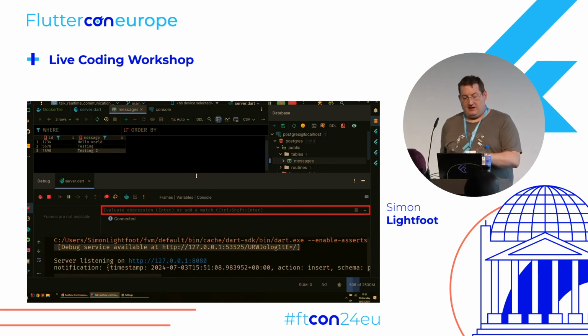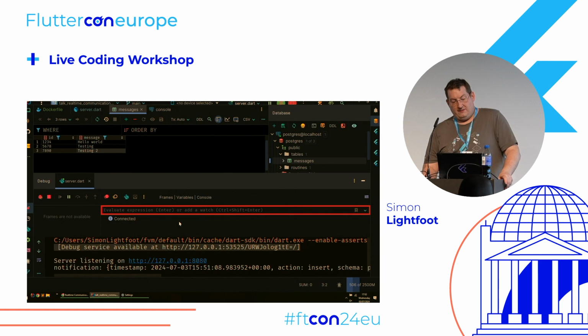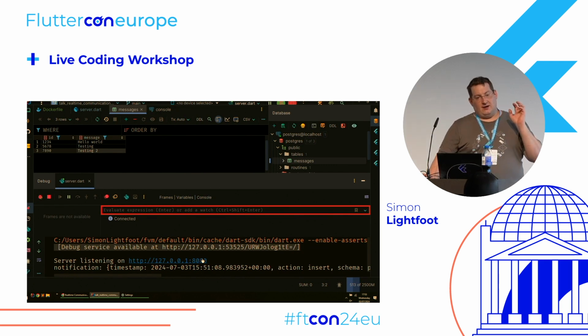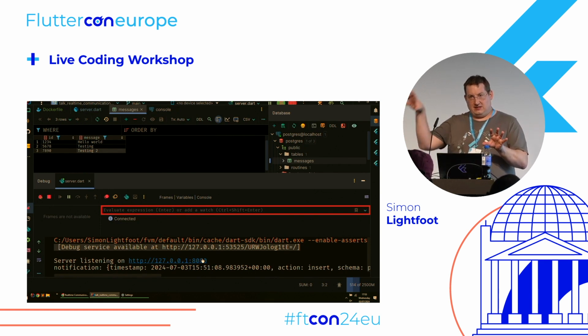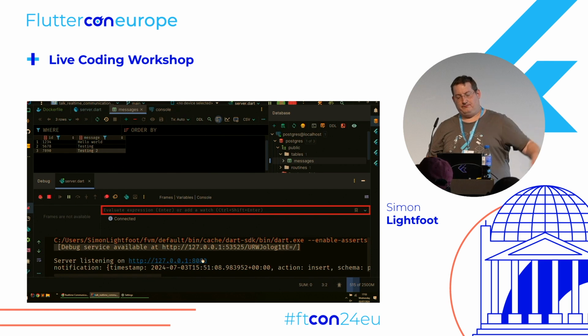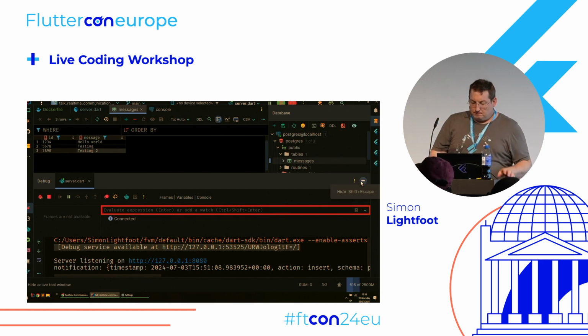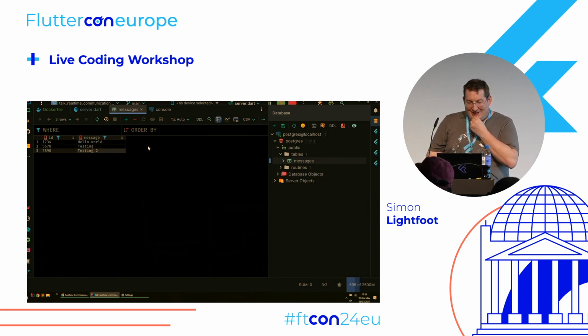So sorry, to be clear, that there at the bottom is the Dart server running, listening on HTTP connections, but in the background, it's also listening to the database. So the idea here is that we'll set up a WebSocket connection between the server and the app, which we haven't run yet. And then when the database gets changed, it will deliver those messages to the server, and the server can then disperse them to the apps that are listening. So, okay. So let's see.